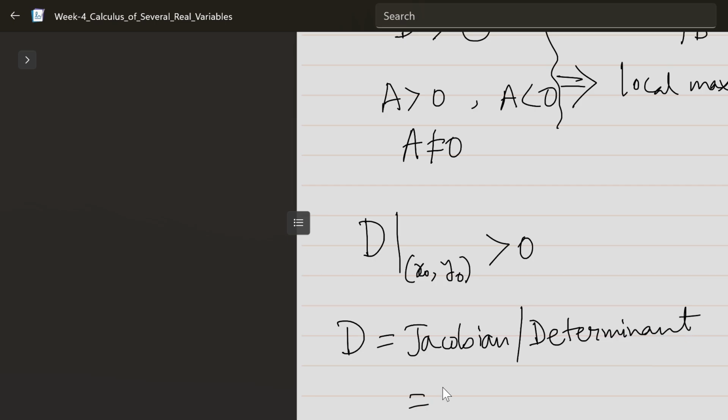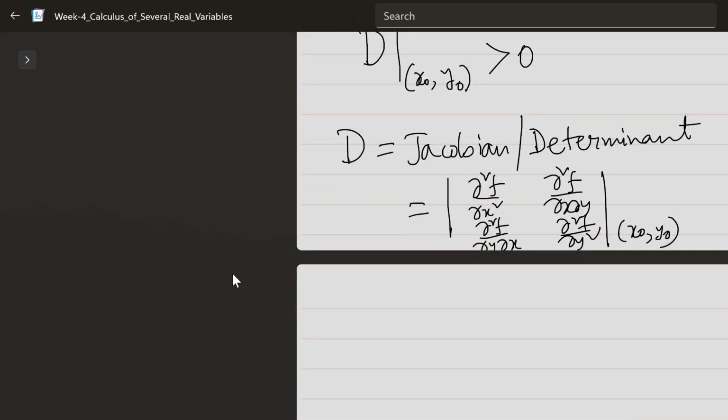It is equal to the determinant of del 2f del x2, del 2f del x del y, del 2f del y del x, or same as del 2f del x del y, del 2f del y2, evaluated at x naught, y naught. Always remember this.